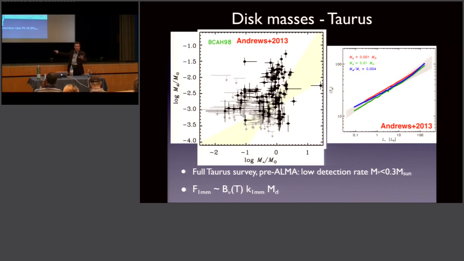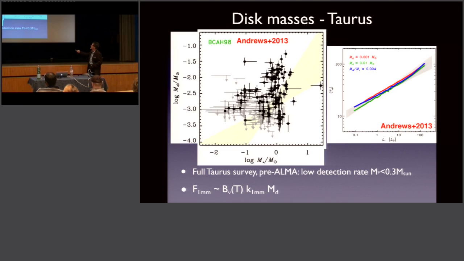These are the objects with infrared excess, so we are looking at detections at millimeter wavelengths of stars that do have an inner disk. Basically, we are checking the outer disk of these objects.